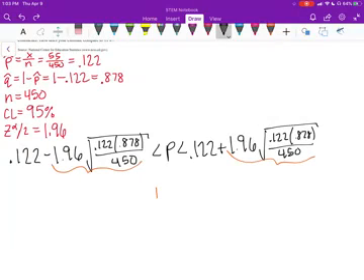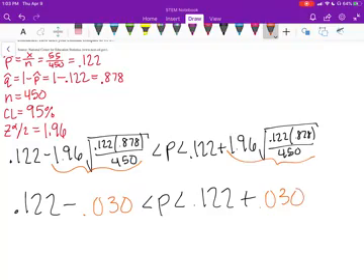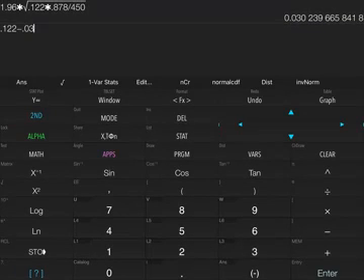So now we have 0.122 minus 0.030 is less than p is less than 0.122 plus 0.030. And now if we plug that in, 0.122 minus 0.030, we get 0.092.